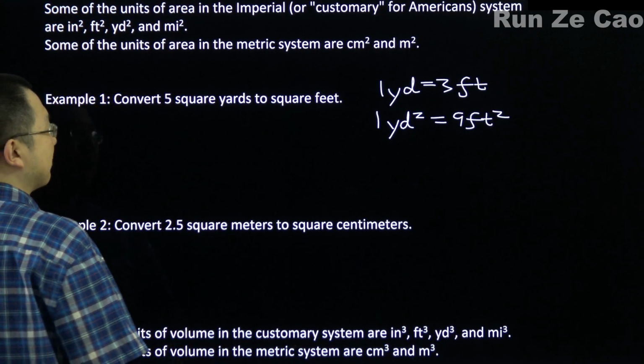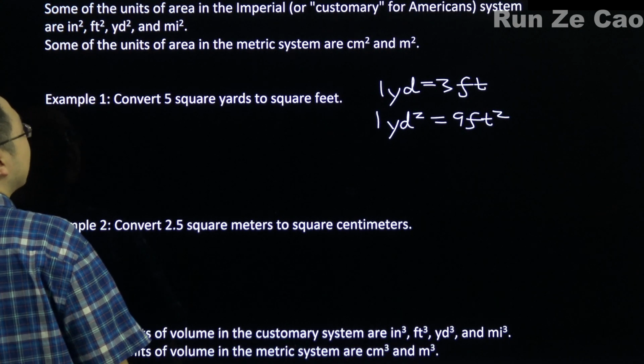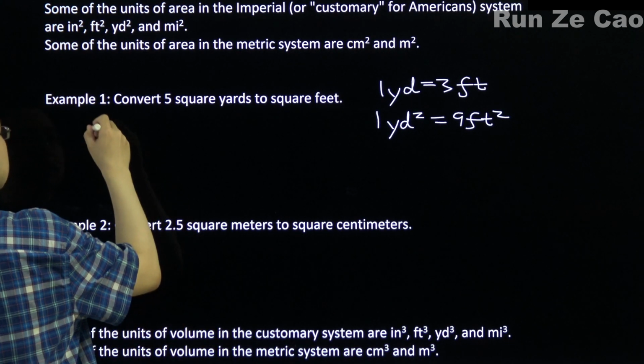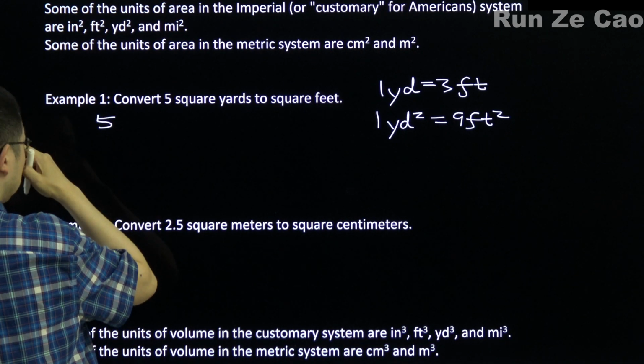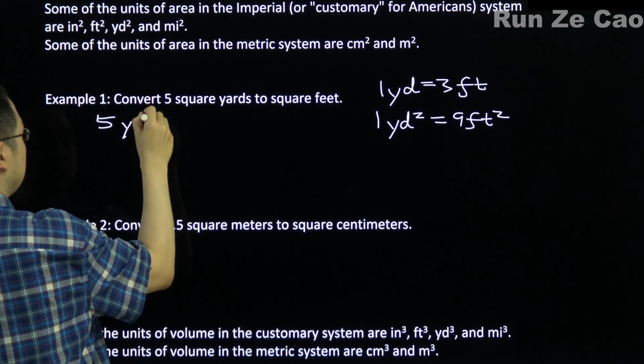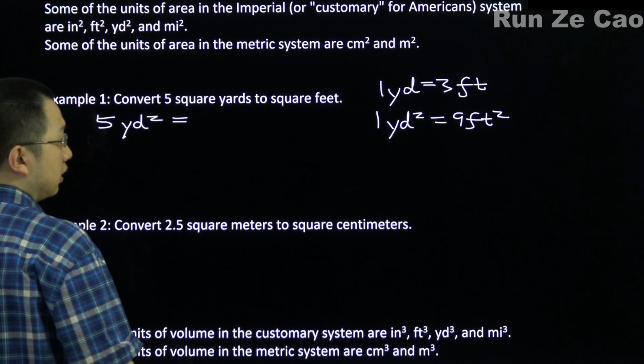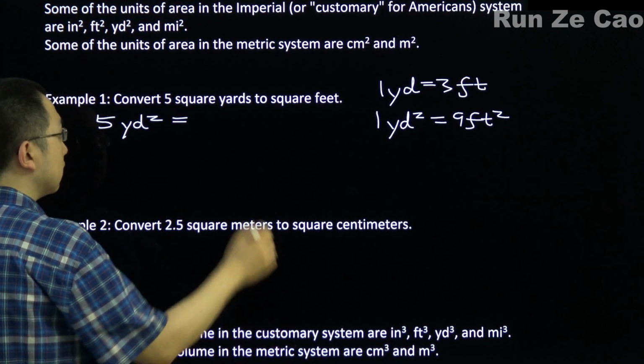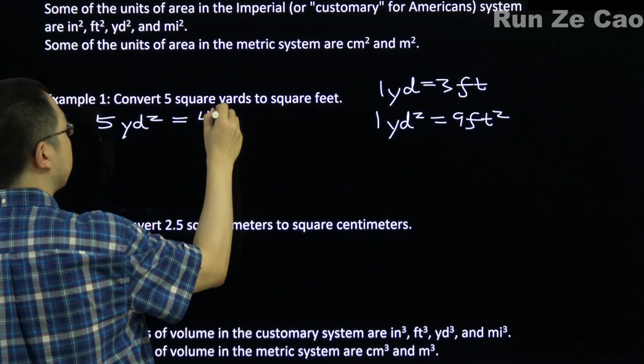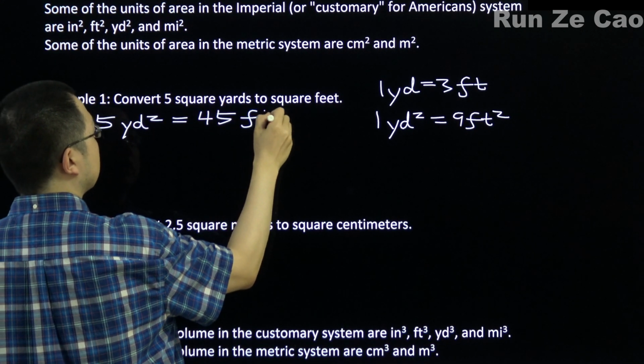No math word games here, guys. Convert 5 square yards to square feet. Well, 1 square yard is 9 square feet, so 5 is 45 square feet.